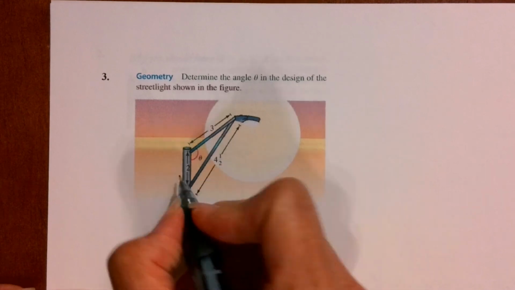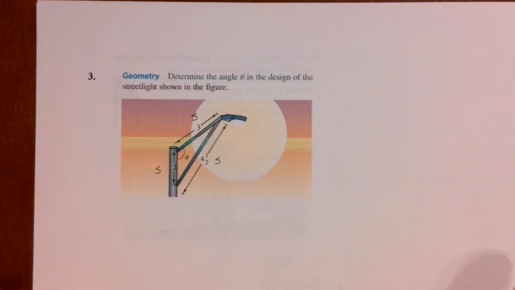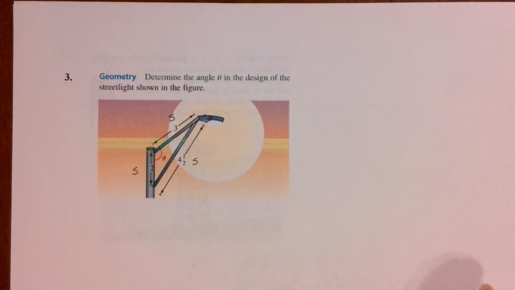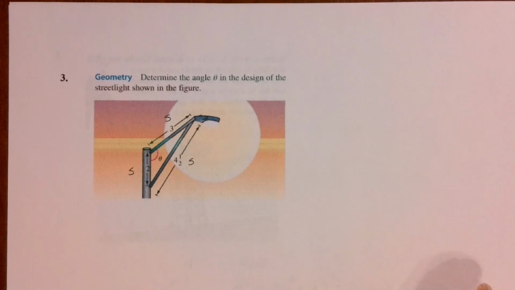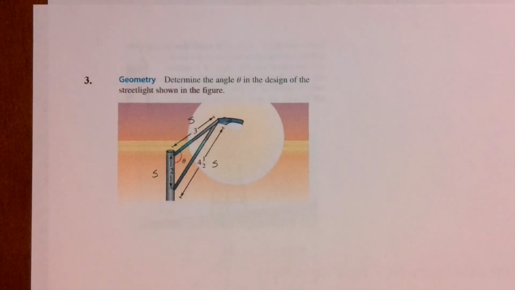So we noticed that what they did is they gave us a side-angle-side situation. So if we need to find that middle angle, what are we going to do? So once again, it's a law of cosines problem.